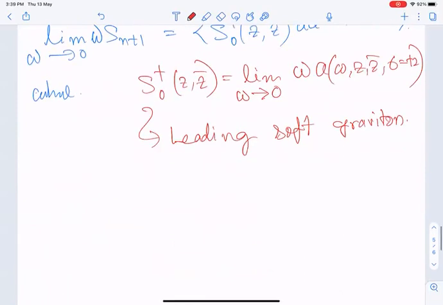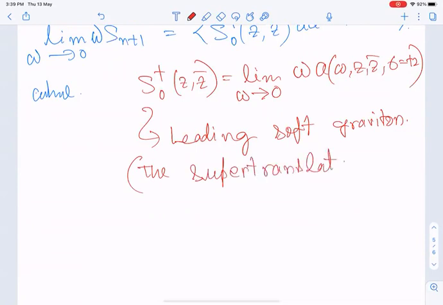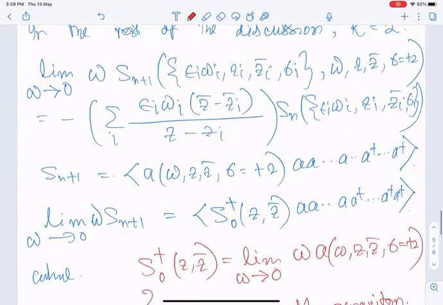And what we will now see is that this is also the super translation current. Okay, so we will now see that.